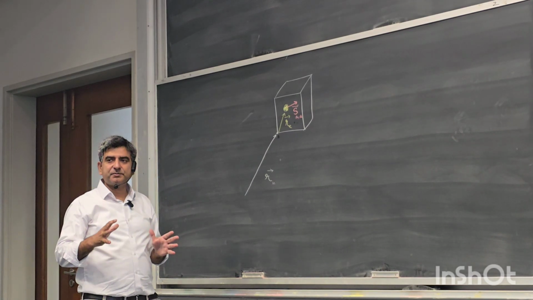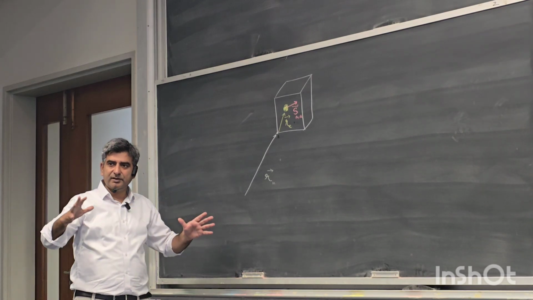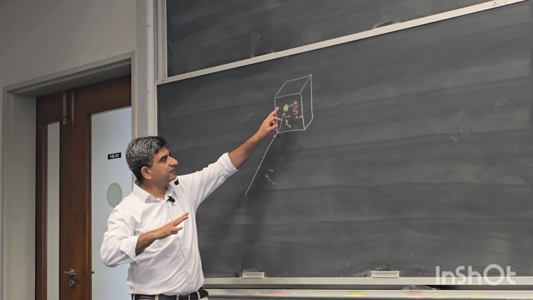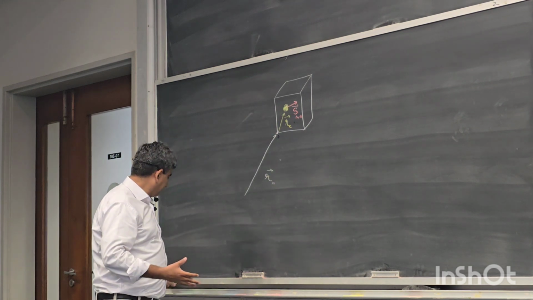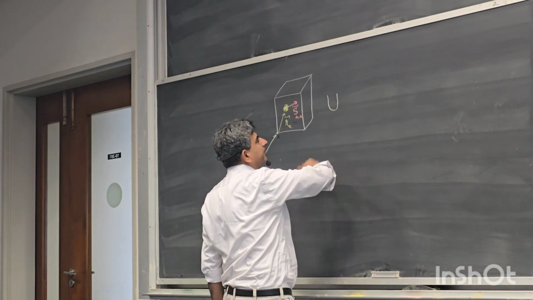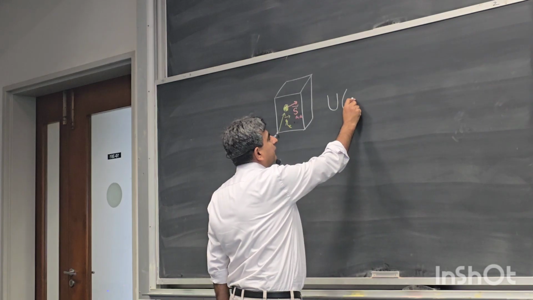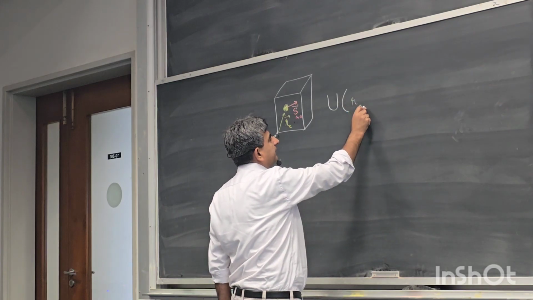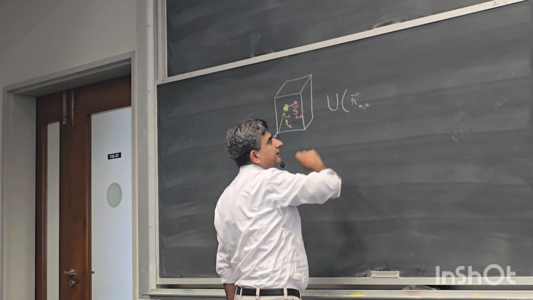When everything is in equilibrium, there has to be some ground state, but when the displacement from the equilibrium happens, the energy goes up. So if you look at the internal energy of this system U, where the atoms are now displaced from their equilibrium positions, which were R_n and A.